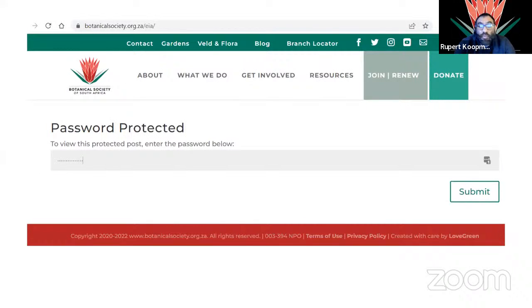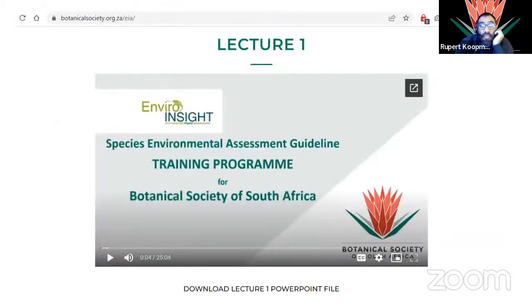We will be changing the passwords going forward on a regular basis to ensure that members maintain exclusive access. Then you'll have access to this wonderful course, and we look forward to you working together with us to better input into environmental impact assessments.